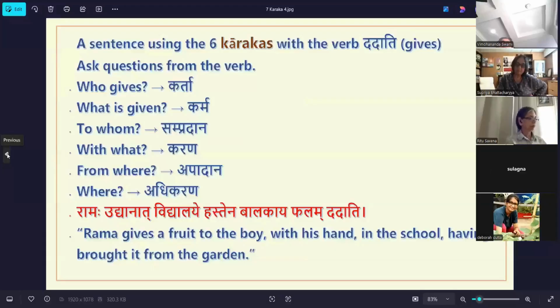Then for Khad you say? खादति खादतः खादन्ति खादसि खादथः खादथ खादामि खादावः खादामः. Patasi, patatha, patami, patavah, patamah. Yeah, correct. The second one you made a mistake. Second is va.